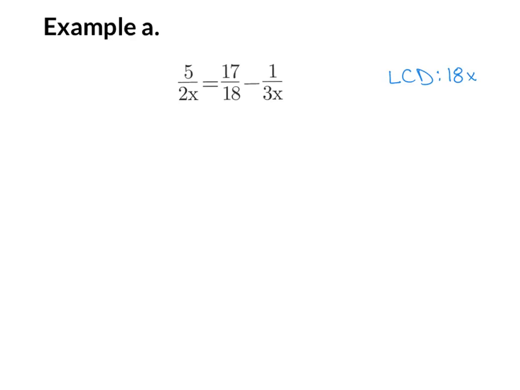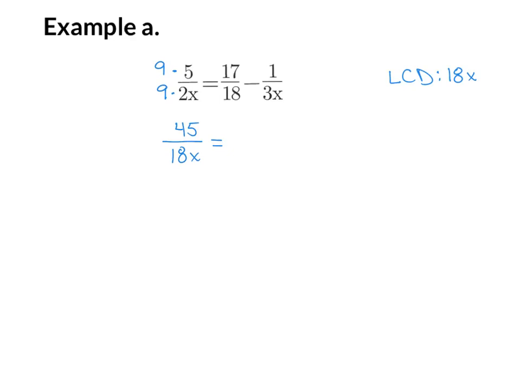All right, so now we want to rewrite everything with an LCD of 18x. 5 over 2x, I want to multiply by 9 on the top and the bottom. We get 45 over 18x equals.